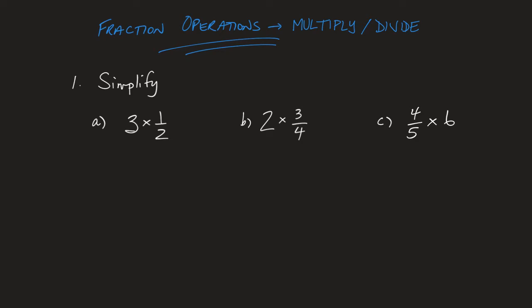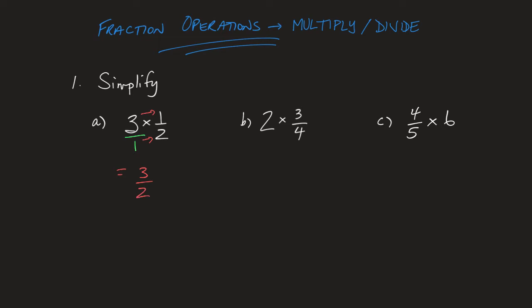But similar to adding and subtracting fractions, we may have had that habit of writing any whole number over 1, so that now we do have 2 fractions, and we know that to multiply fractions, we multiply across. So you would end up with something like 3/2, and you're good.